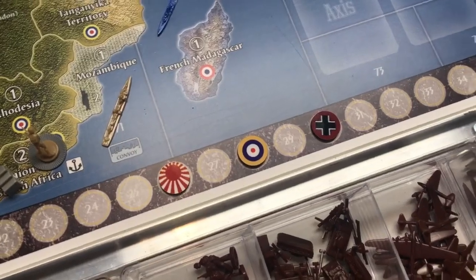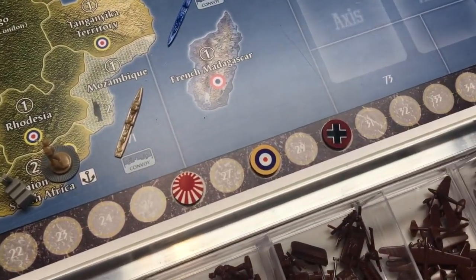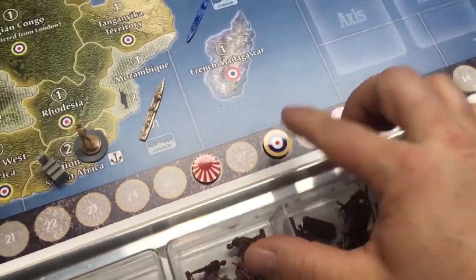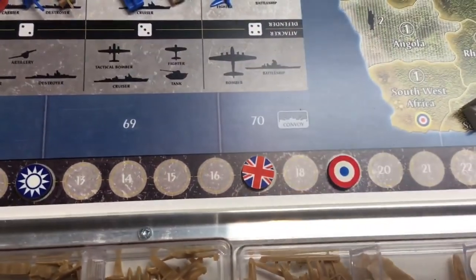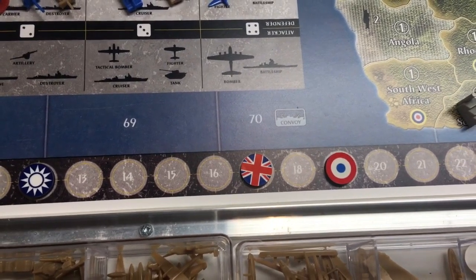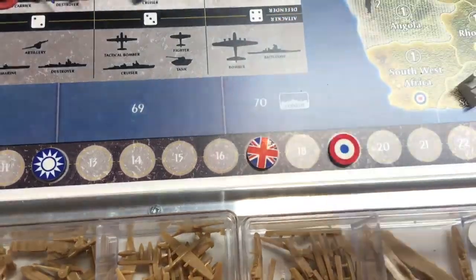Also, in the next video, we're going to talk about national objectives, but UK Europe has their own national objectives. That is bonus cash that is going to be added to their income. And if they can be gained, UK Pacific has their own national objectives. That is bonus cash that can be added to their own income for the Pacific.